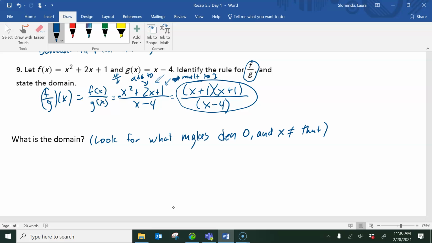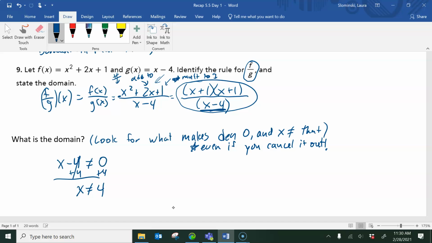And here's the other key, even if you cancel it out. What I mean by that is when I look at this function, my f divided by g, I have x minus 4 in the denominator. That can't equal 0 because we know we can't divide by 0.